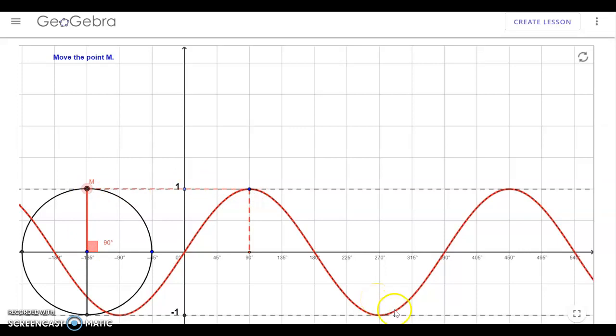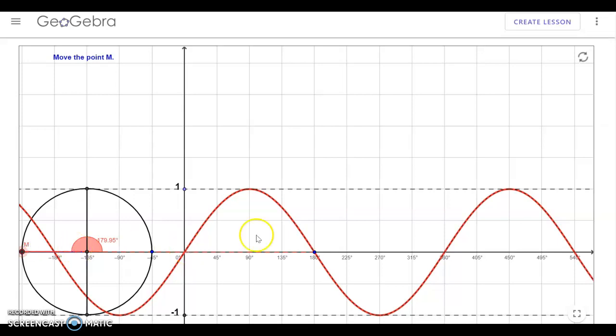Okay, so let's have a look now at what happens when we continually move around that circle. Watch the angle and watch what happens on that sine curve. Our angle's getting bigger and we're moving down till we get down to 180 degrees on our unit circle, and then we're also at 180 degrees on the curve. We'll try and sit exactly on 180. I can't quite get there, 179.95.